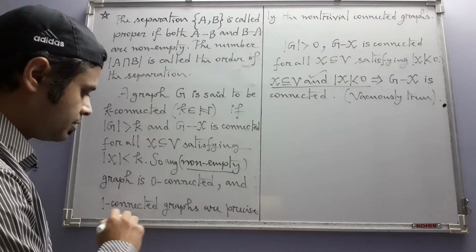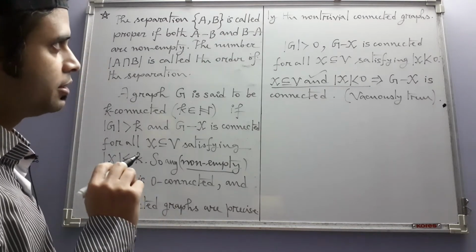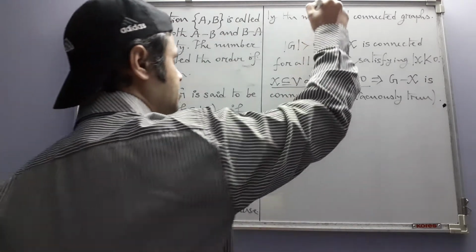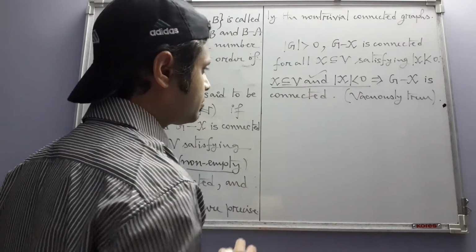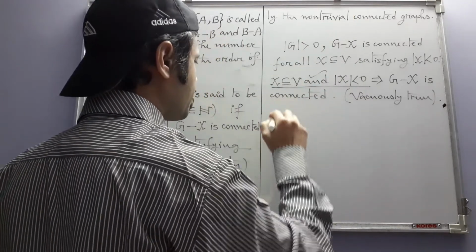And then we are saying the one connected graphs are precisely the non-trivial connected graphs. How?